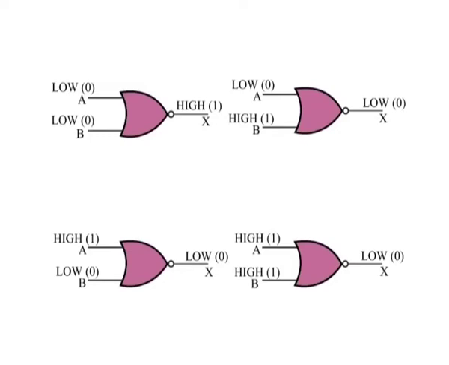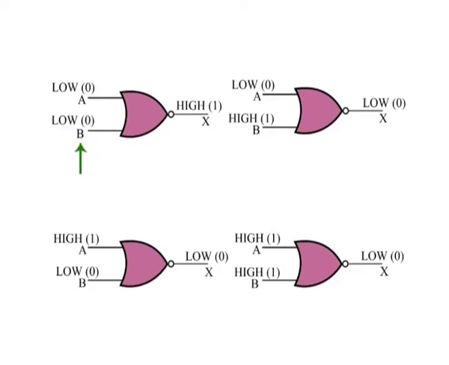For a two input NOR gate, output X is low when either input A or input B is high, or when both A and B are high. X is high only when both A and B are low.